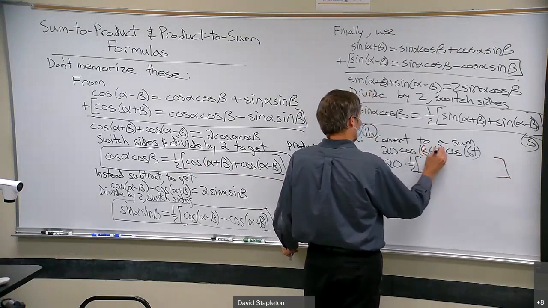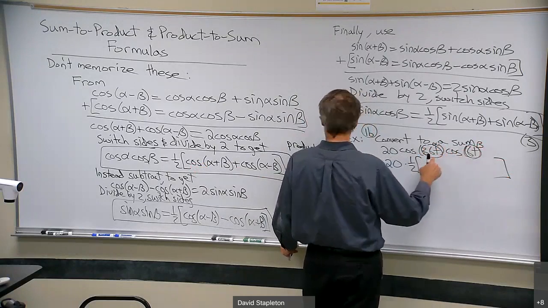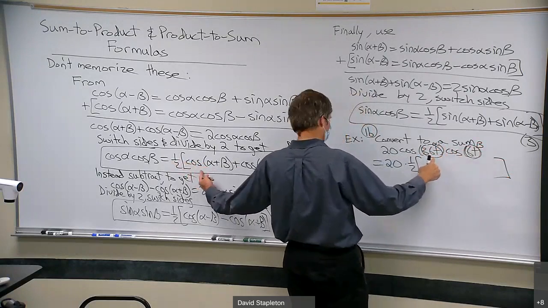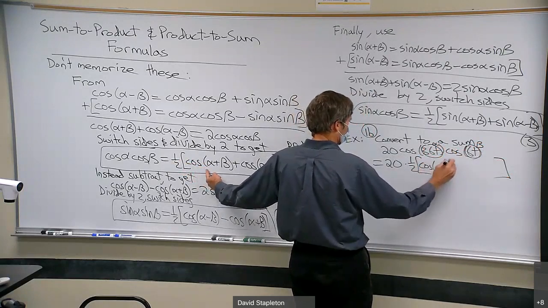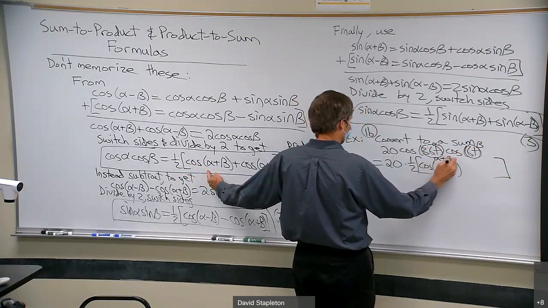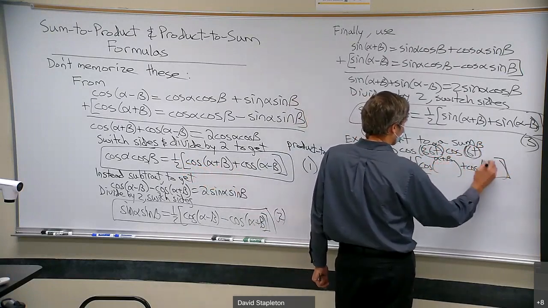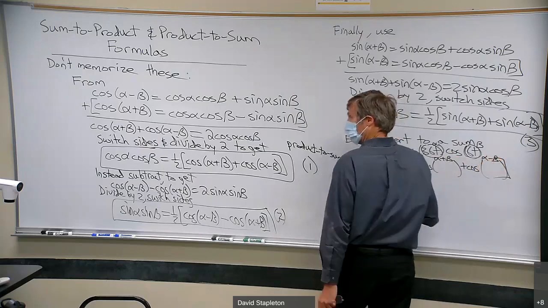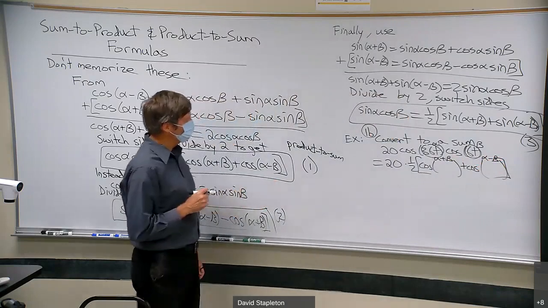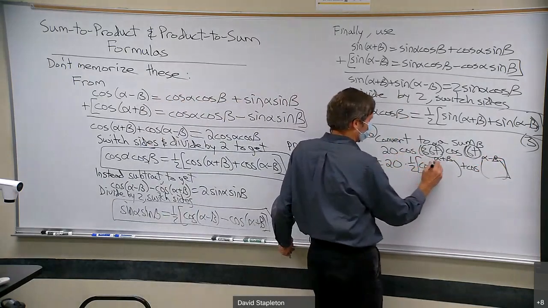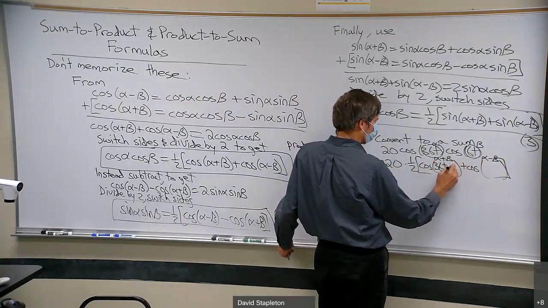If I call this alpha, this beta in the formula, see cosine alpha cosine beta is 1/2 cosine alpha plus beta, so I'll put cosine alpha plus beta plus cosine alpha minus beta. And then alpha is 36t, beta is 6t.